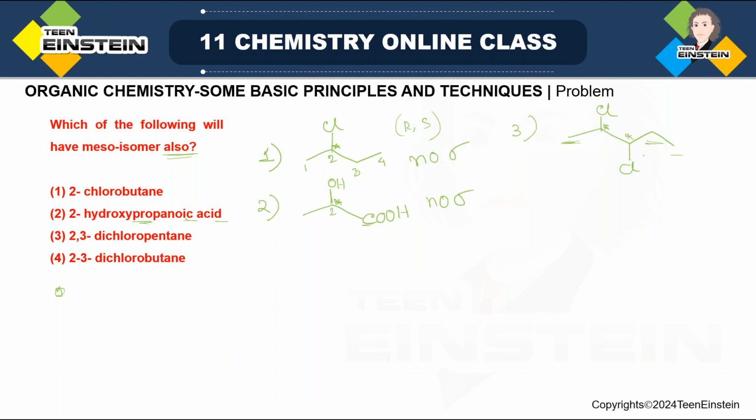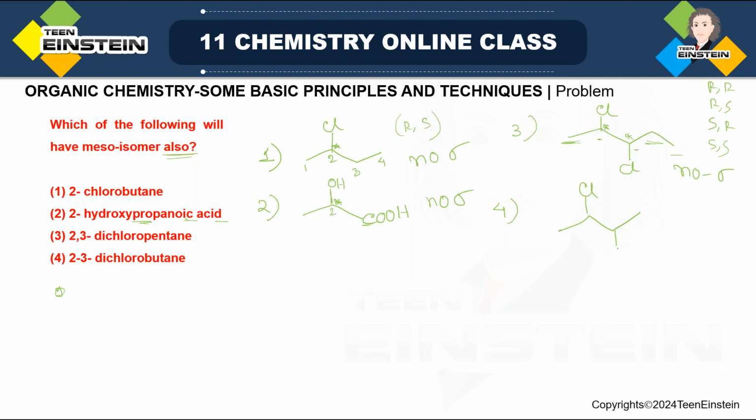So you can have R,R, R,S, S,R, S,S, all 4 different stereoisomers possible, but here you cannot have any sigma plane. So only one option is left, which is 4. So 4 must be correct. Let's draw it.